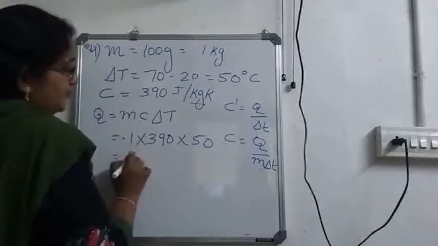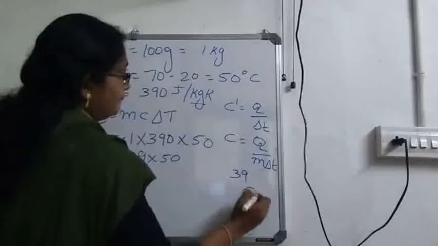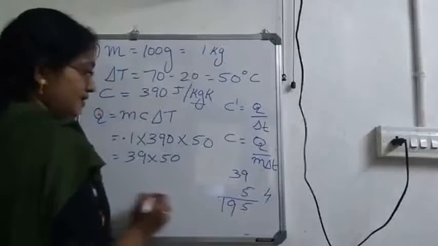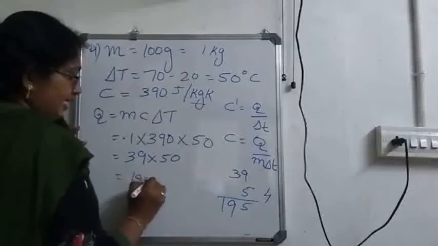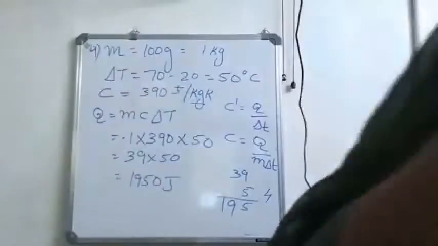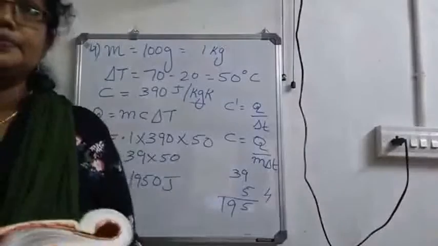So, this will be 39 into 50. 9 into 5 is 45, then 195. So, 1950 joule will be the amount of heat energy. Is it clear?